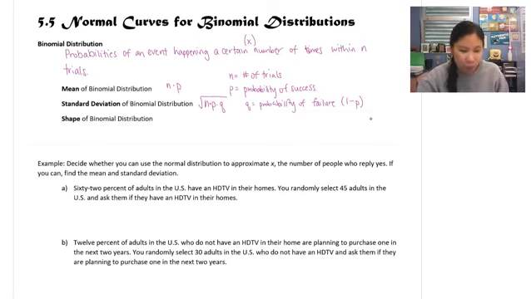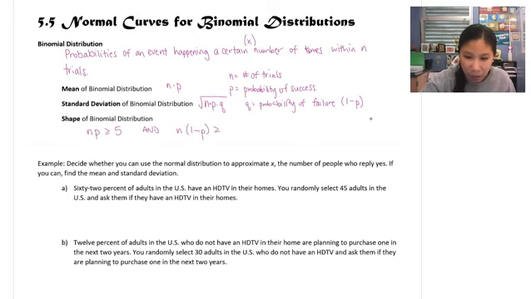Okay. And then the shape of the binomial distribution, kind of like before, we have to check to make sure that it's actually going to be a normal shape. So to check for that, it's a different method of checking for it. When you do n times p, you have to make sure you get a number greater than or equal to 5, and n times 1 minus p also has to be greater than or equal to 5.